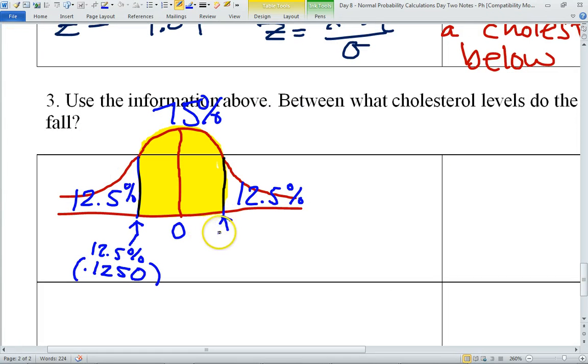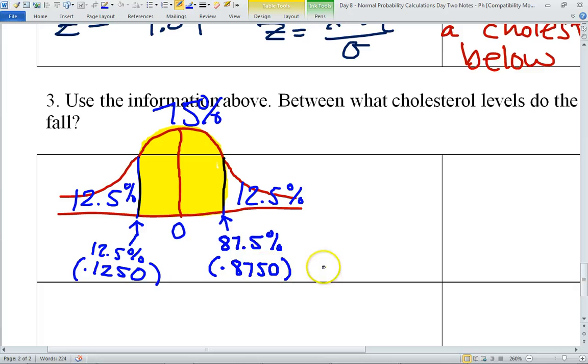Okay, so remember, this is giving me the value all the way to the left, so this arrow is at the 87.5% mark. Okay, 87.5%. Now, translating that back into a decimal, moving it twice, that's going to be 0.875, and why not just throw a 0 on there so it matches.